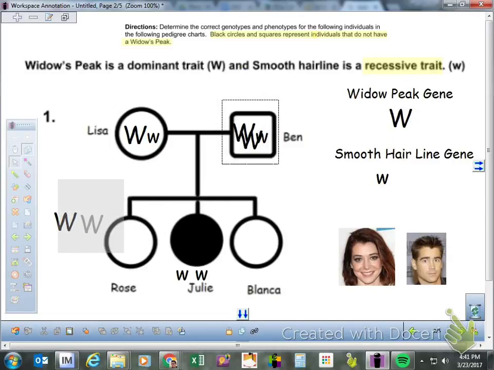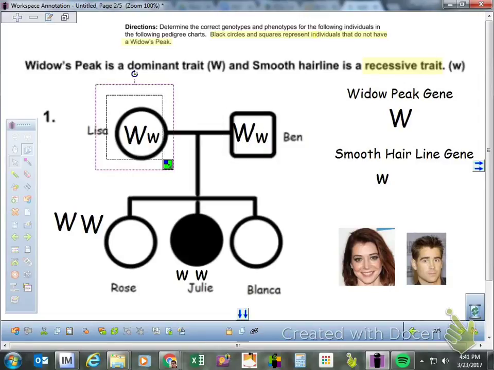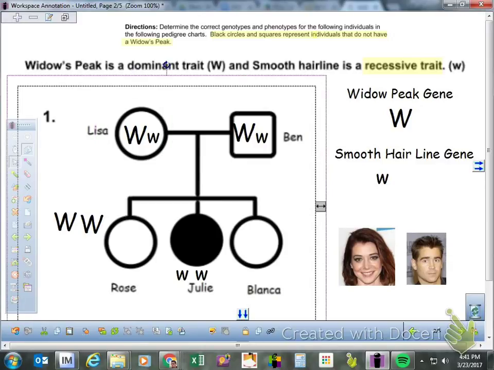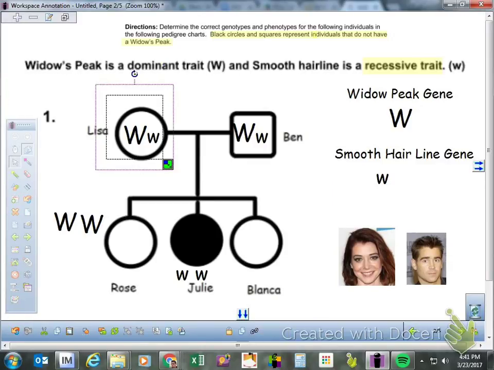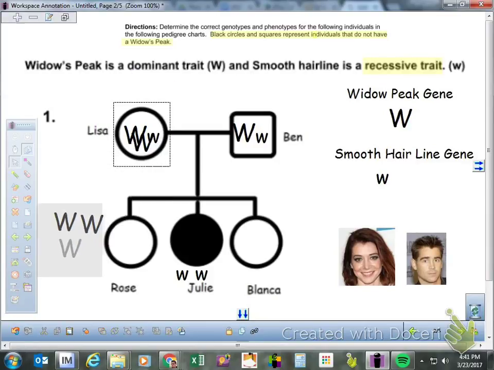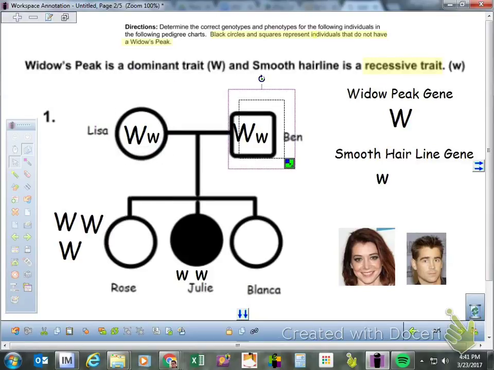So parents can pass on that, but parents can also pass on this. What if one parent gives them a dominant gene, and what if the other parent, because they could easily do that, gives them a recessive gene, right? Both of these genotypes would give this person a widow's peak, all right?